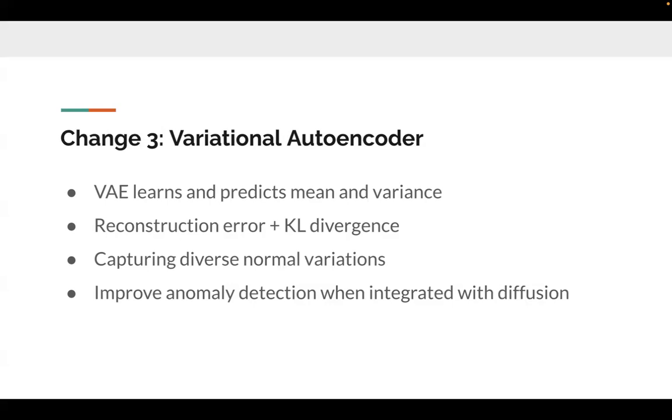The variational autoencoder can represent multiple valid variations of normal data. This approach helps distinguish genuinely anomalous inputs from typical variations, and integrating the VAE with diffusion methods further clarifies anomalies as anomalous data stands out more.